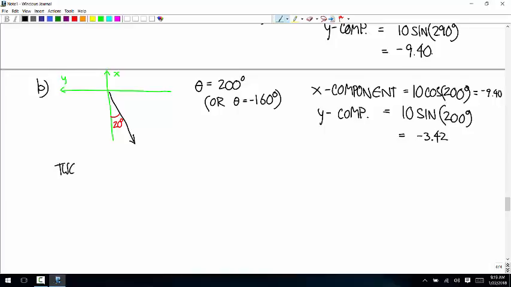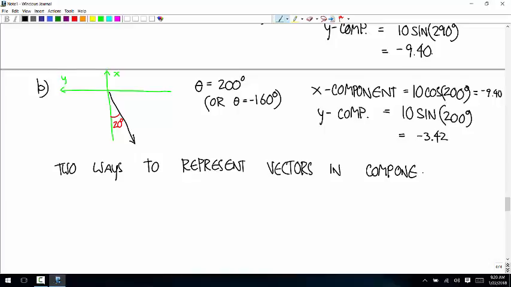There are two ways to represent vectors in this component form. The first one is that this vector, I call it U actually, because V we'll use for velocities.